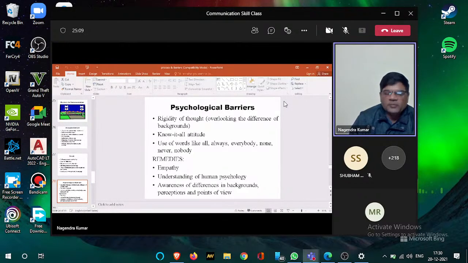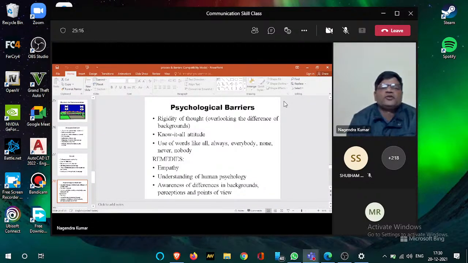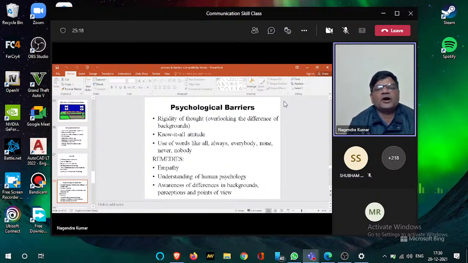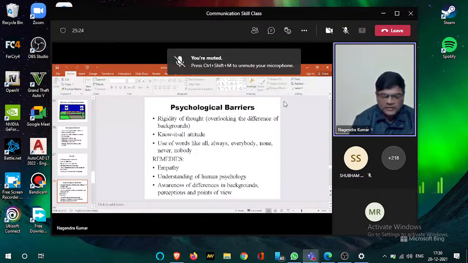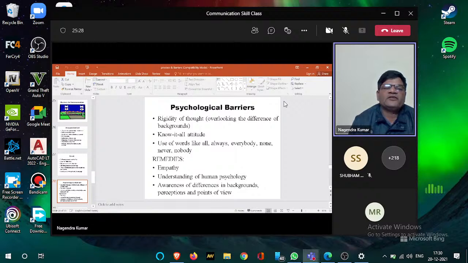Now, if you have to communicate with such people, what you need to do, first of all, to understand the rigidity of thought, you need to be empathetic. Now, empathy, all of us know, is different from sympathy. Sympathy is a superficial act, okay, in which we try to make others feel good about themselves by supporting them.